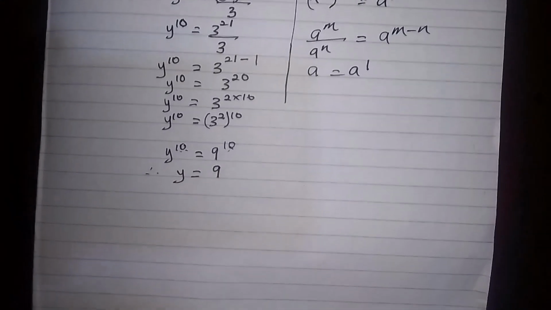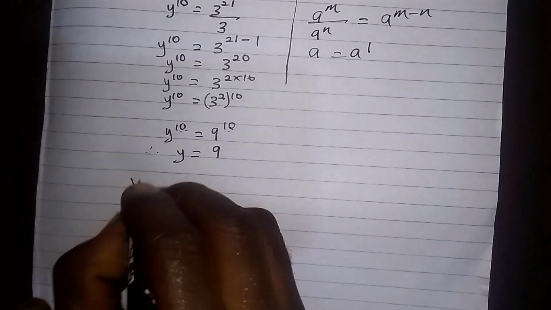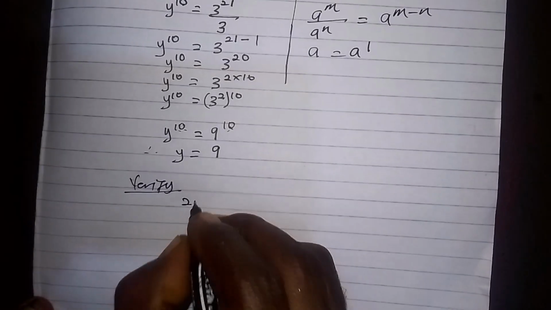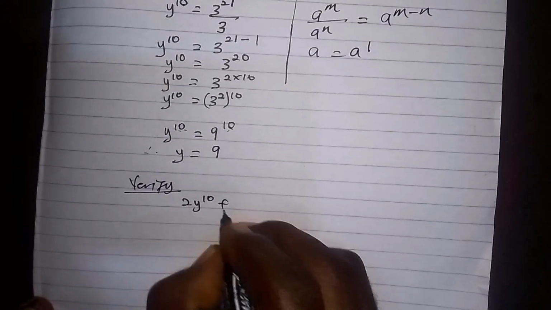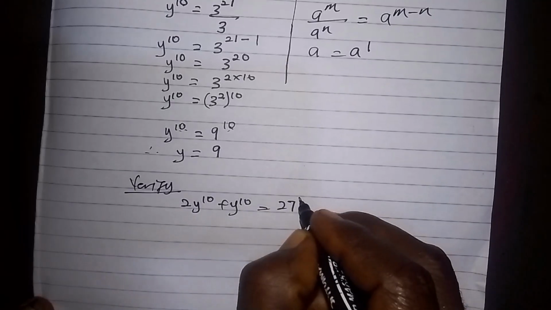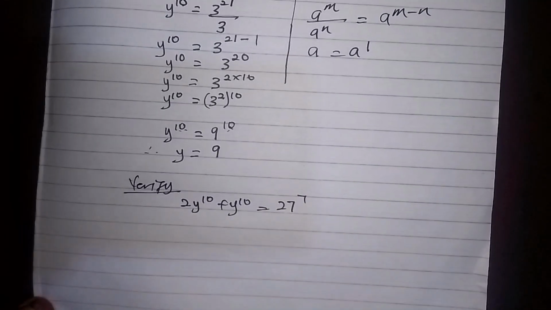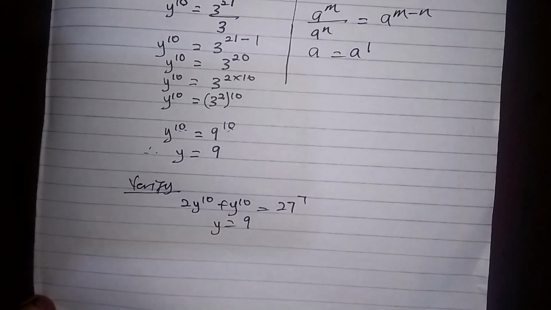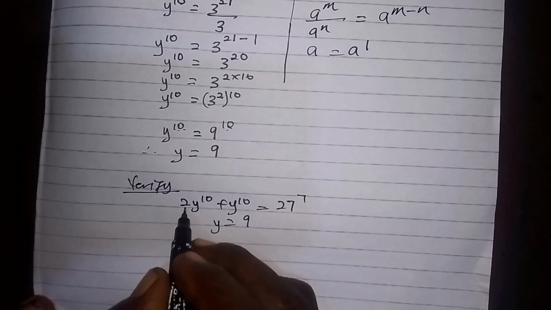For a further proof on whether our value is correct, we can verify. Given the equation 2y to the power 10 plus y to the power 10 equals 27 to the power 7, we had y to be 9. So, wherever we see y, we substitute the value of 9 in there.